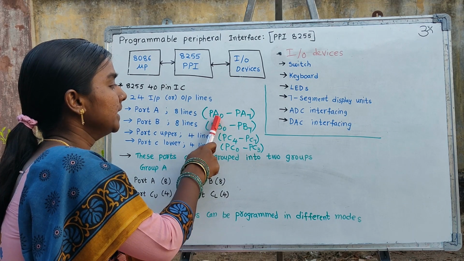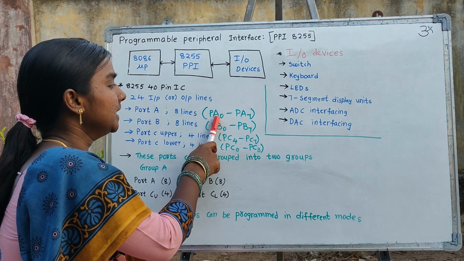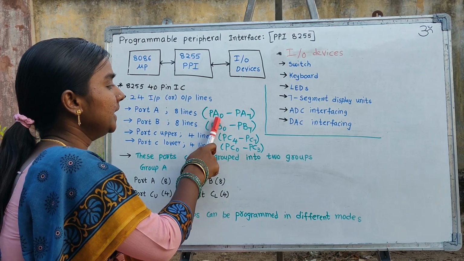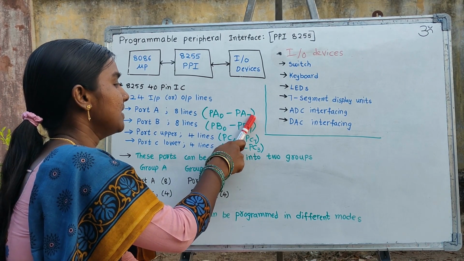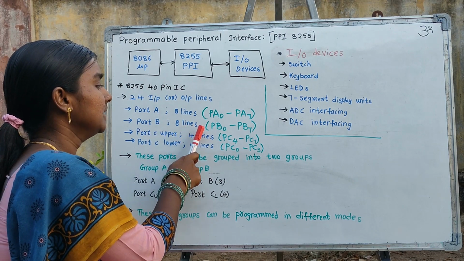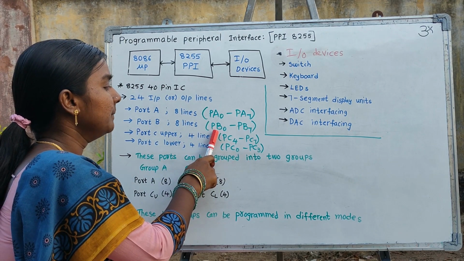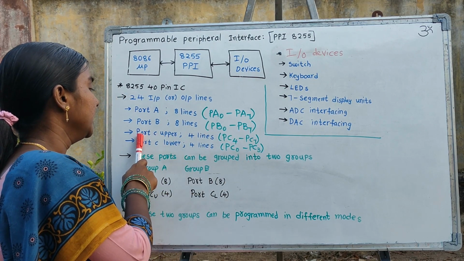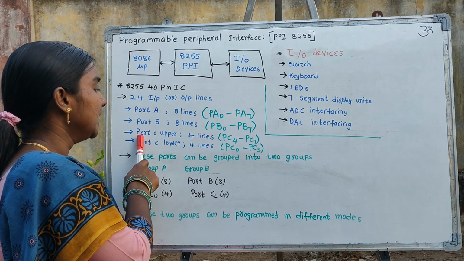P means port, A means port A, indicating that the number of lines is 8, from PA0 to PA7. Port B consists of 8 lines. We may denote it as PB0 to PB7. Port C also consists of 8 lines.